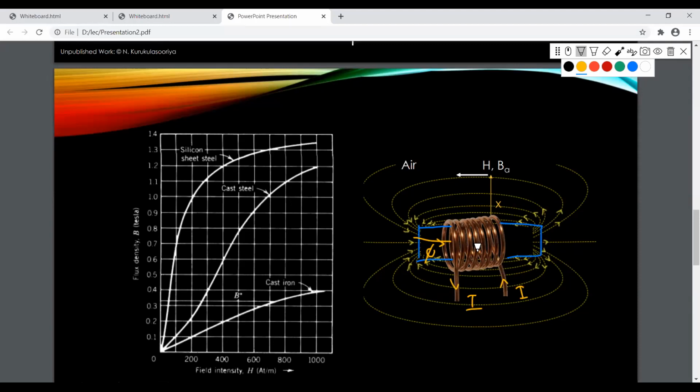Now again, if you consider just this is cast iron, this is a cast iron plate. What would happen is, due to this current and the number of turns, it would have some sort of magnetizing force, or magnetic field intensity, in the coil, which is not dependent on the medium, right?